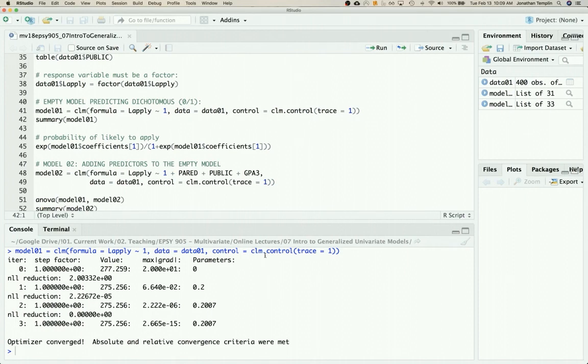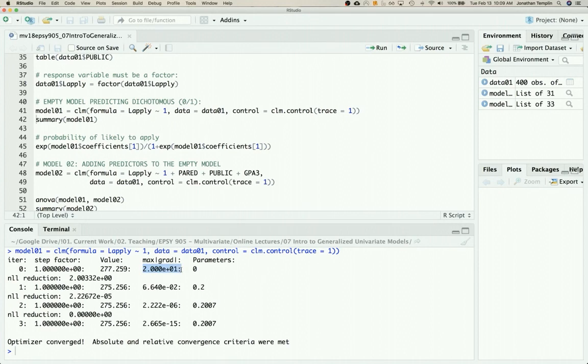This clm control trace equals 1 shows the iteration history. The very beginning guess of the parameter, which in this case is the logit, though it's expressed as a probability, was 0, and it tells me the maximum likelihood value that we're going to talk about. It also shows something called the gradient, which is effectively like a derivative.